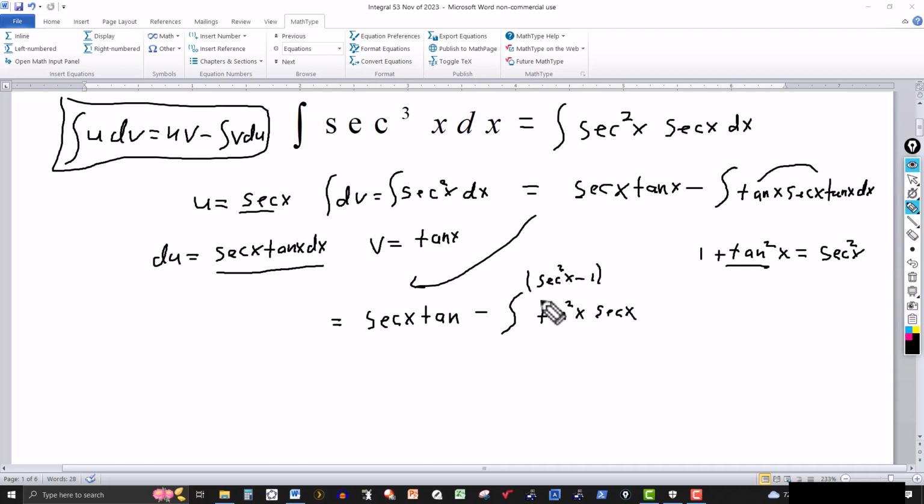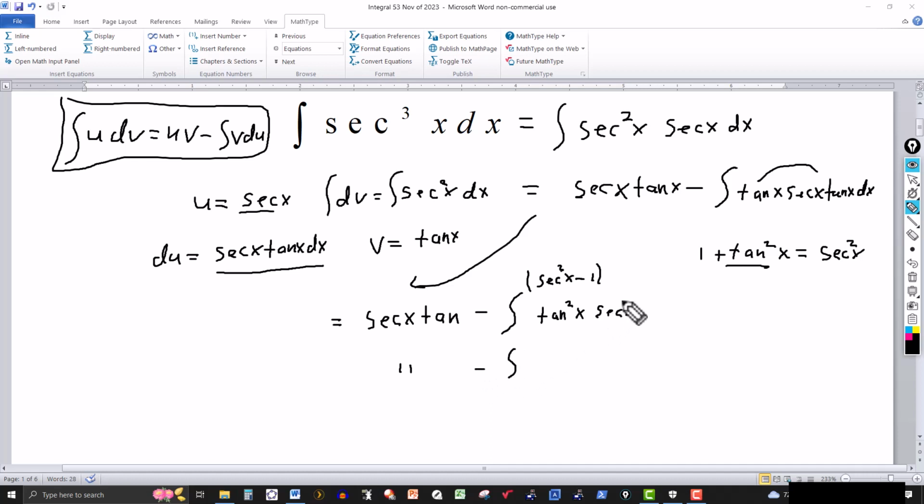So replace the tangent squared of x by secant squared of x minus 1 using this identity over here. And then I'm going to multiply through by secant. This part is going to stay the same. And then this will be a minus.